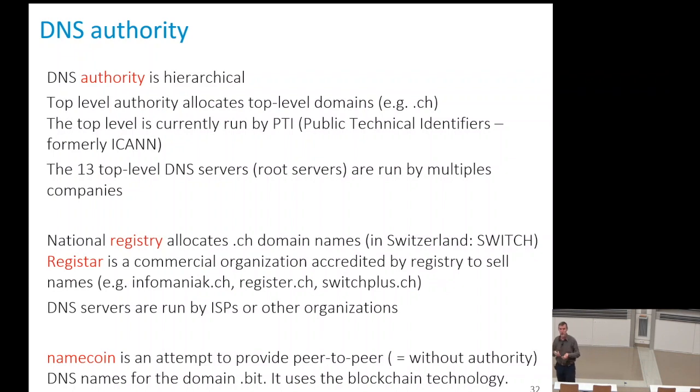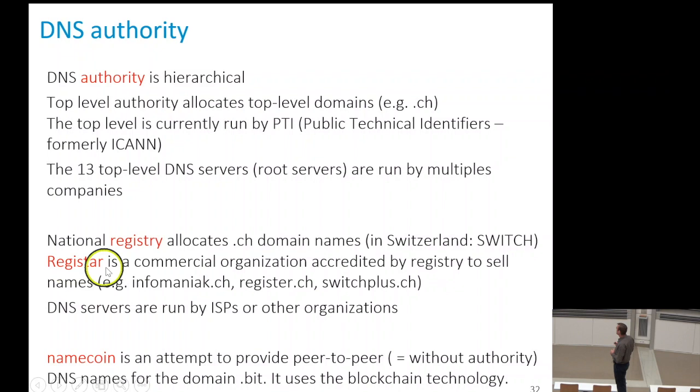Because if I am called Dupont and I want to take the name Dupont.ch, and if the chemistry company Dupont also wants to claim that name, who will resolve, am I allowed to do it or not? So this is why all of those allocations have to do with politics and the government.